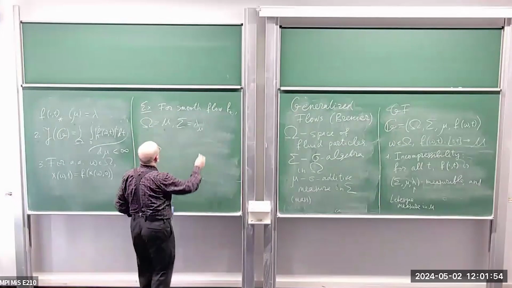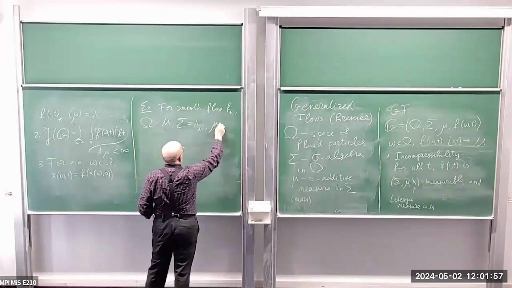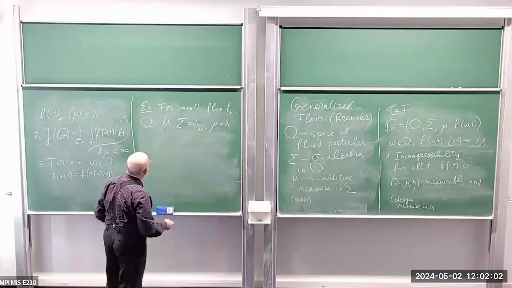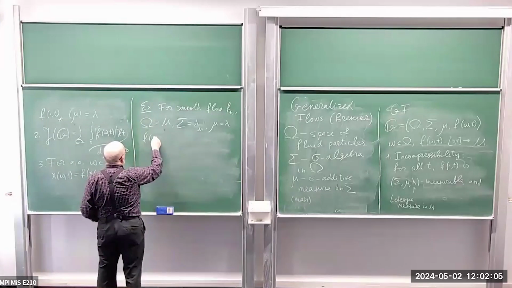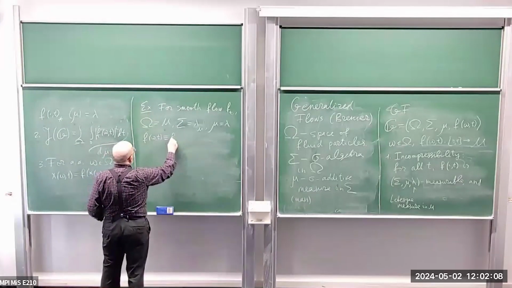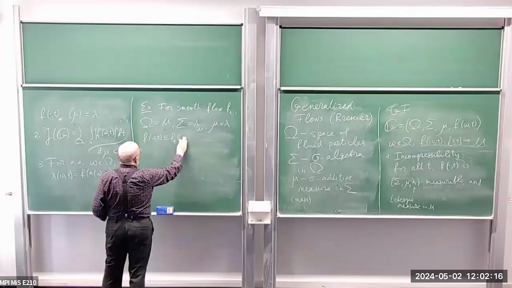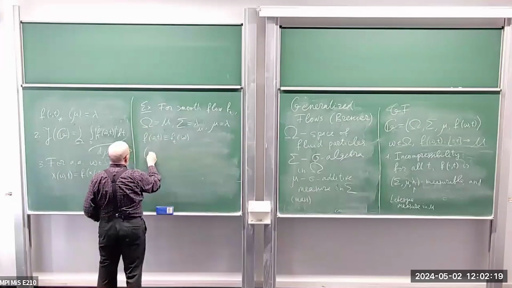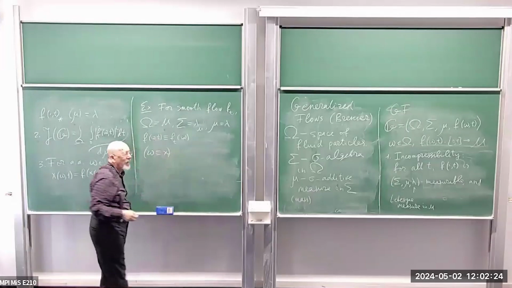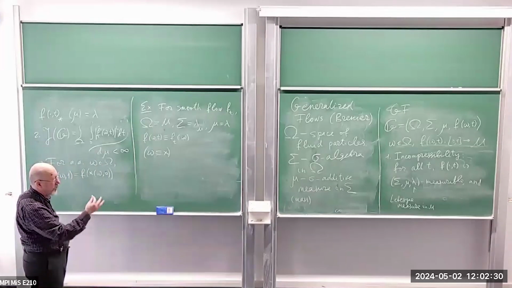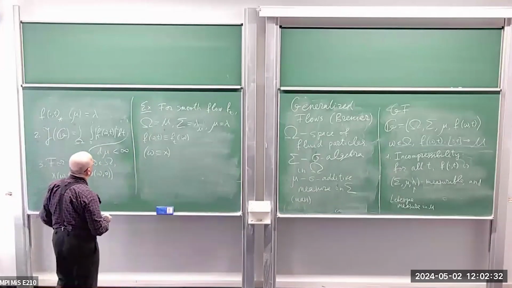In m, mu is lambda. What else? F of omega t equals f t of x. Omega is the same as x in this case. So for smooth flow, we have this thing.